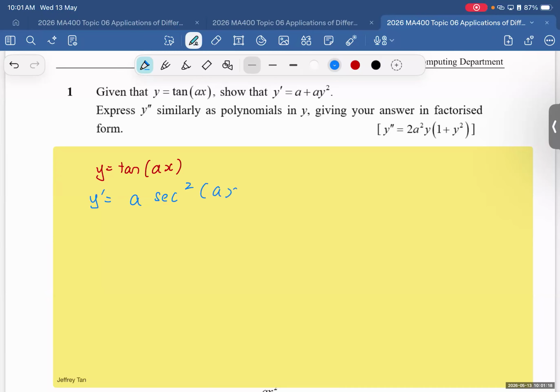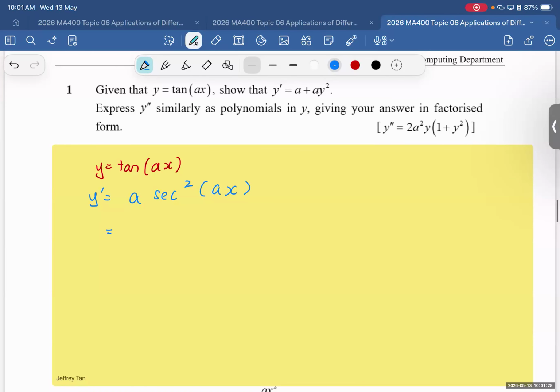Okay. So y prime is secant square ax. Now secant square, if you remember, is it connected to tangent? Secant square is the same as tangent square ax plus 1. We use the Pythagorean identity.